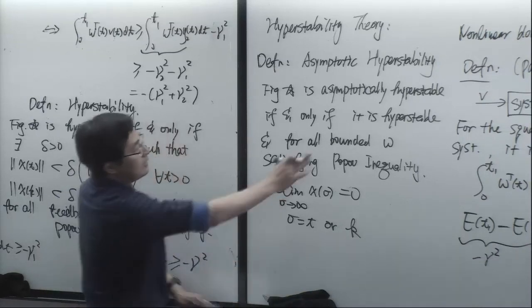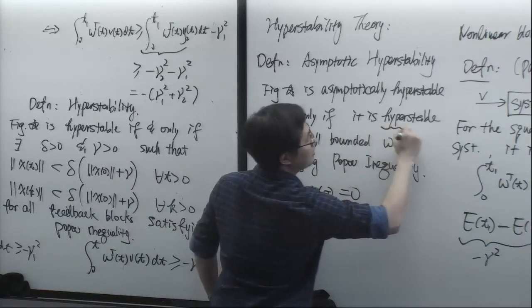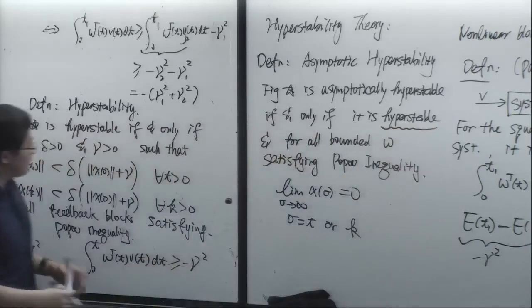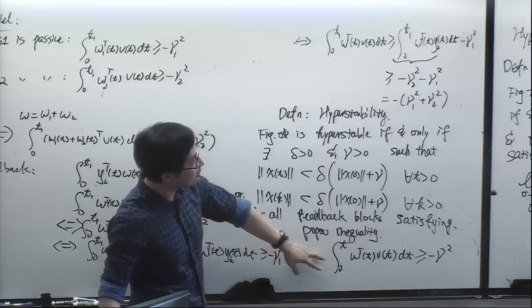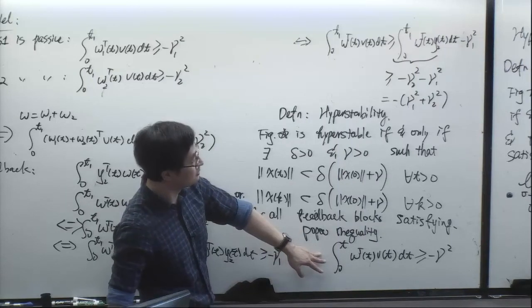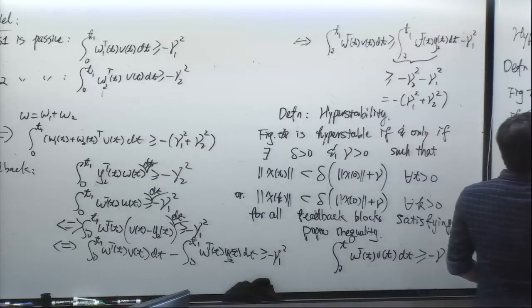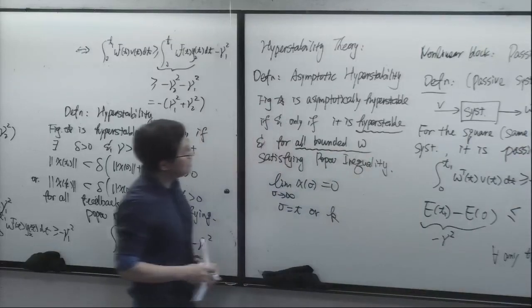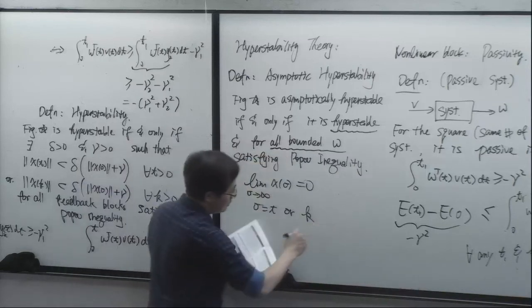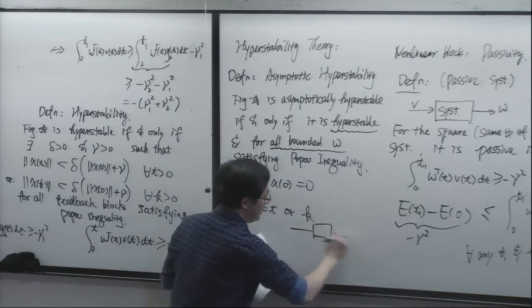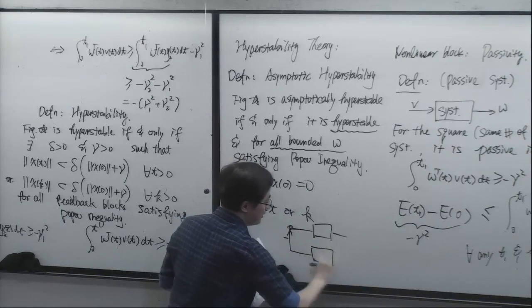Okay, so there is something subtle here. First, it has to be hyperstable. So that means we need to have this Popov inequality. We need to show the bottom block is actually passive. And second, there is this condition that W needs to be bounded. So the block, let's redraw. The signal notations actually are relevant.